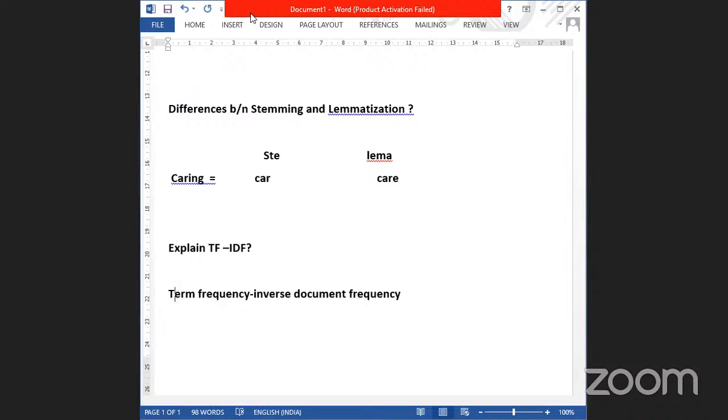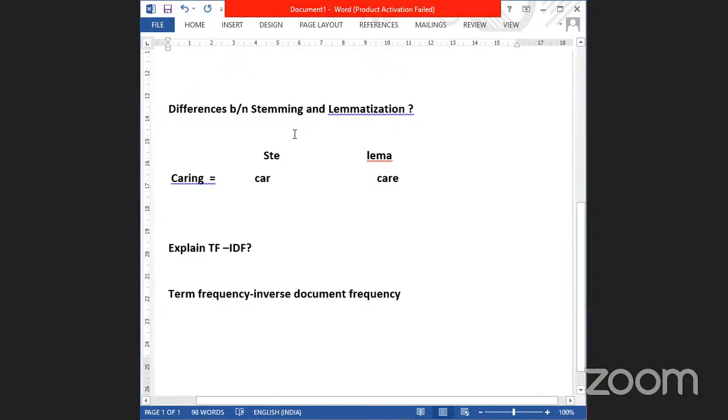It works by increasing proportionally to the number of times a word appears in a document. Suppose in a transaction or anywhere in a sentence, this word is present 4 or 5 times. So it will give the occurrence of that word.